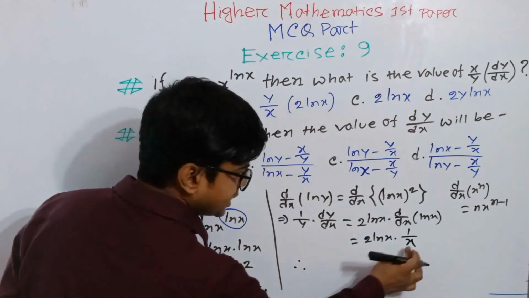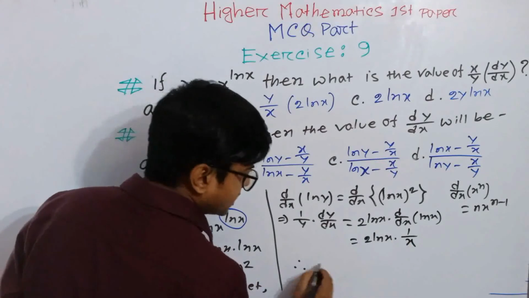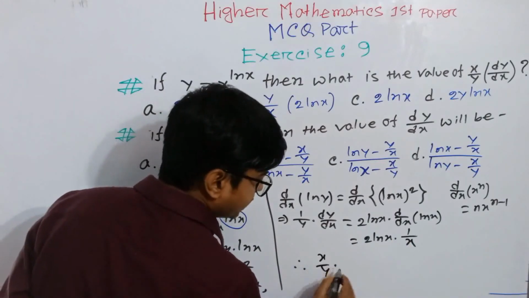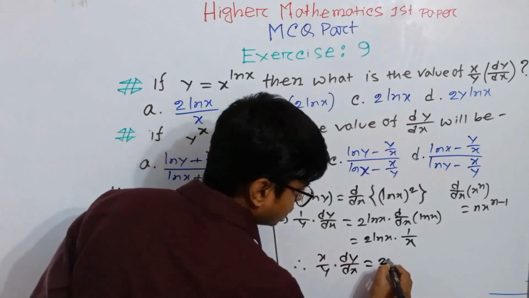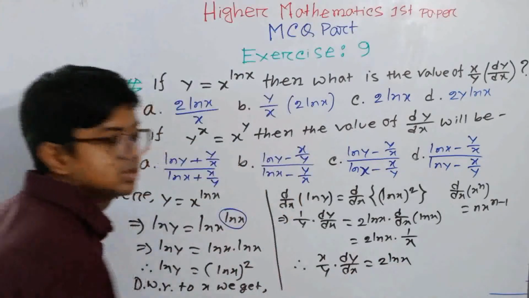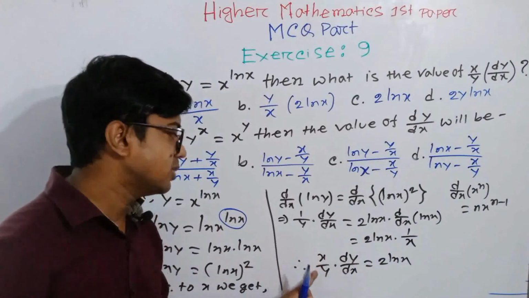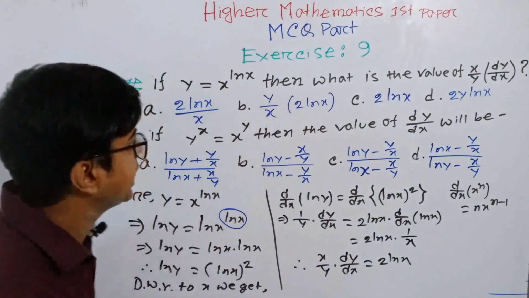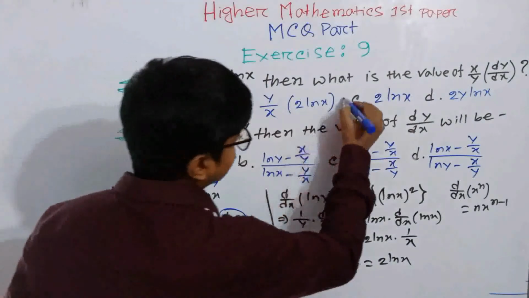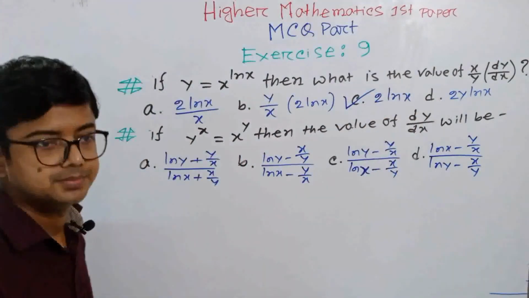So our answer: x by y into dy/dx equals 2 ln x. Look at this, x by y into dy/dx equals 2 ln x. So our answer will be option number C.